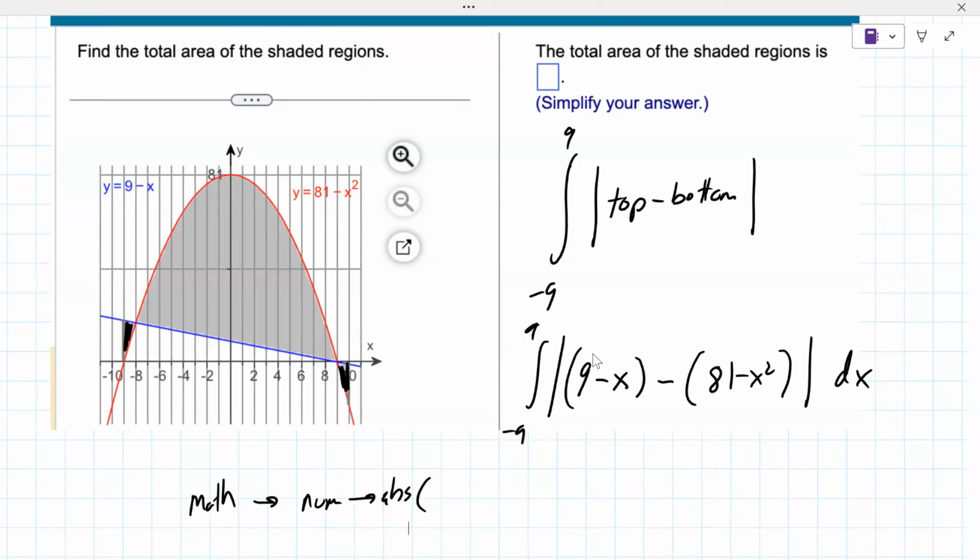Okay. And then math, absolute. Okay. Enter.